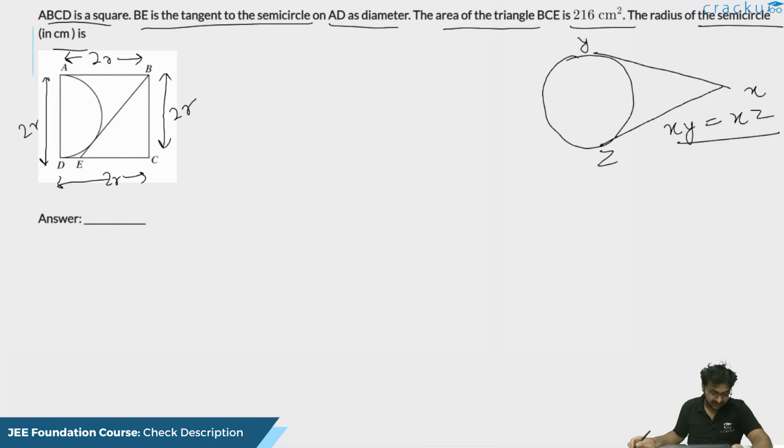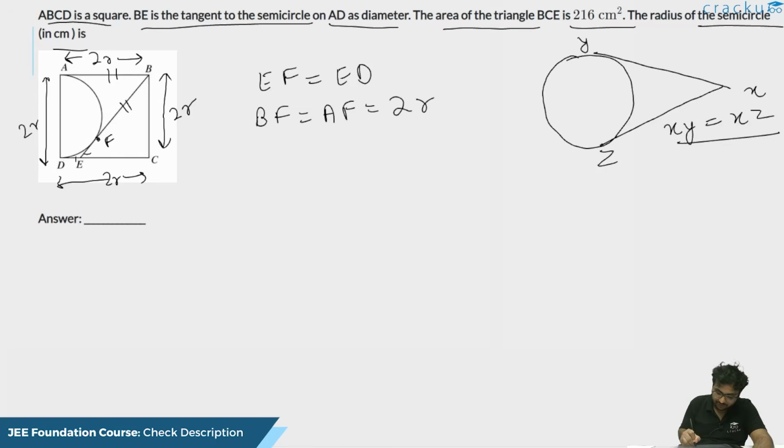So if you look carefully at the semicircle on AD, let this point be F. Then EF will be equal to ED. Why? Because both are tangents from the same point E. So both are equal. Similarly, BF will be equal to AF.